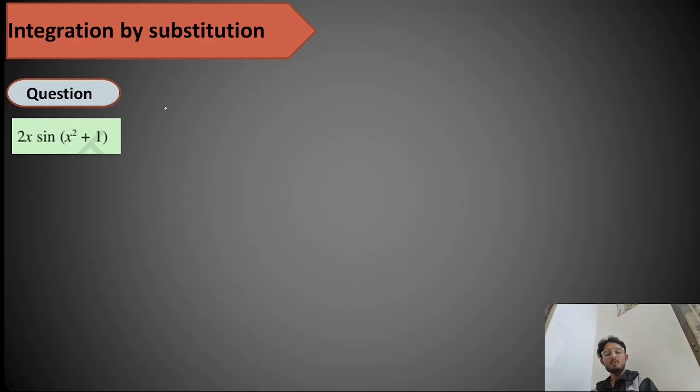That means you have to substitute x square plus 1 as t, u, or any other term, and then you can find the integration of this term. So let's start the discussion. You are given I equal to integral of 2x sine of x square plus 1 dx.